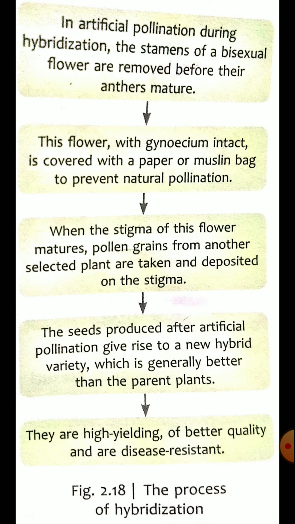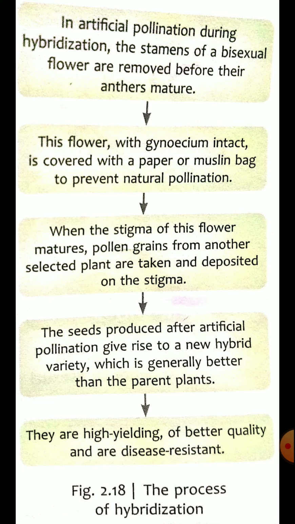Removal of anthers or stamens from a flower is called emasculation. This flower with gynoecium intact is covered with a paper or muslin bag to prevent natural pollination. When the stigma of this flower matures, pollen grains from another selected plant are taken and deposited on the stigma.